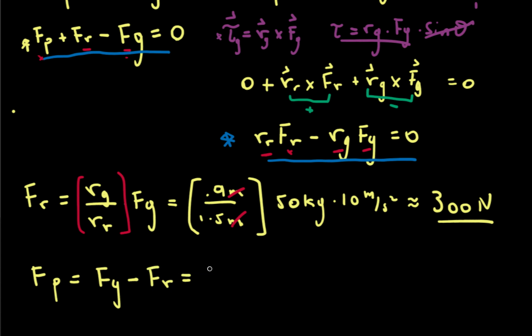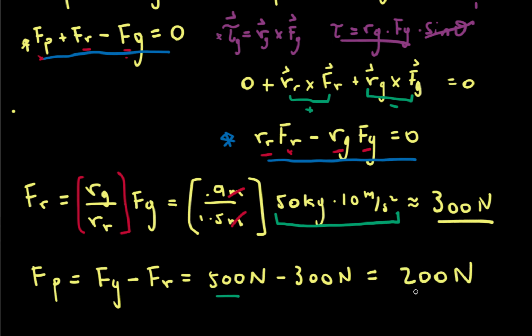The force of gravity is about 500 newtons, and we already did that. This 500 newtons here is this 500 right there. It's the same. Minus 300 newtons, and what you get here is the remainder. So it's 200 newtons.